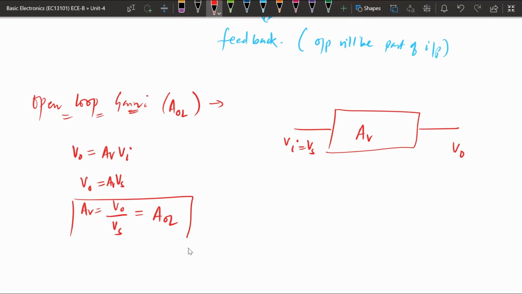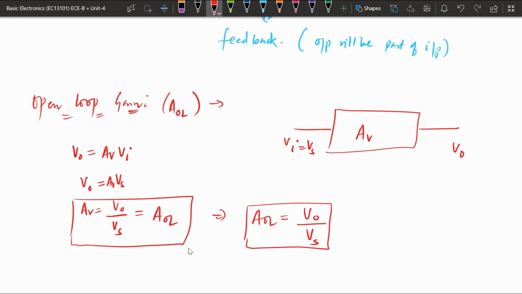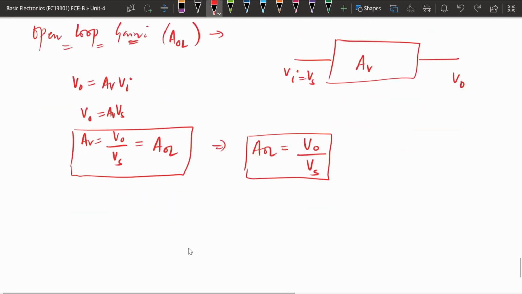AV is the representation of voltage gain. If there is no feedback, that voltage gain will be equal to the open loop gain. So the open loop gain will be equal to V output divided by V input, where V input here is Vs.